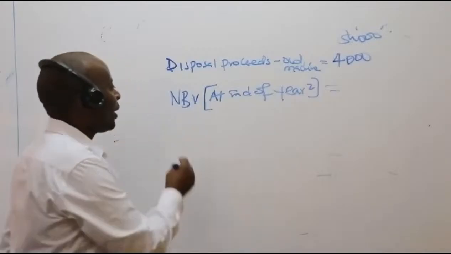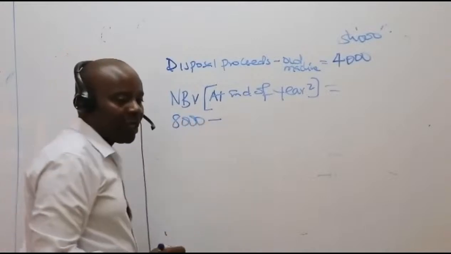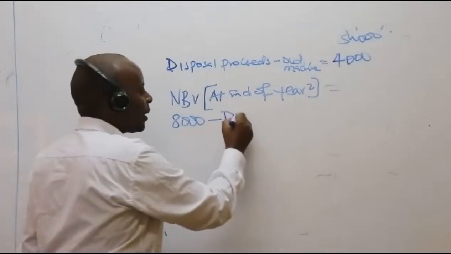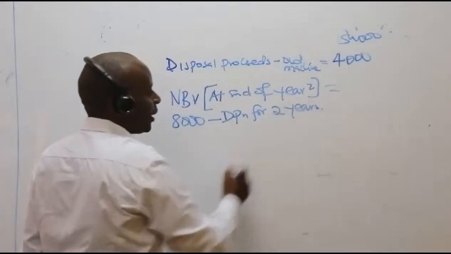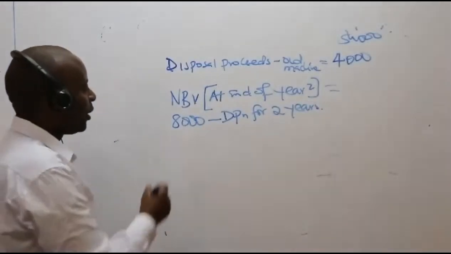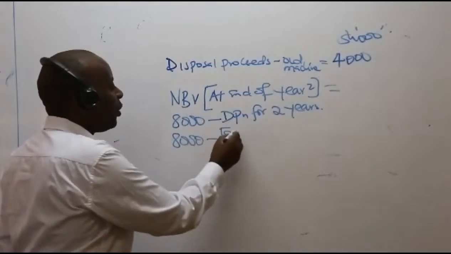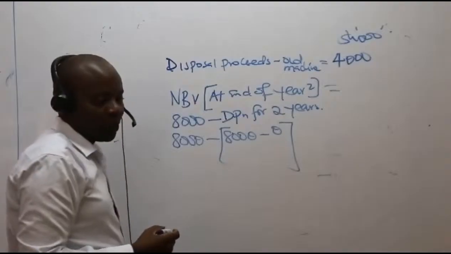So to get net book value, I'll take 8,000 minus depreciation for 2 years. Depreciation per annum will be 8,000. The scrap value they have given us there is 0.